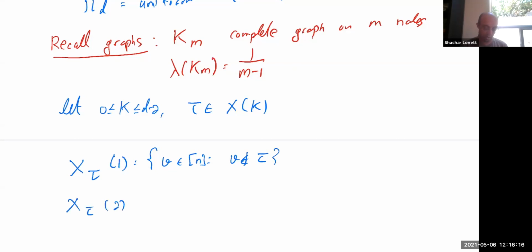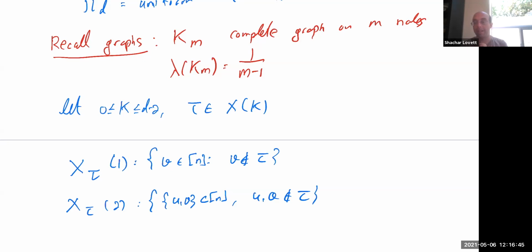And the second level is going to be all these pairs uv in n, where u and v are not in tau. Right? Because this is how we define links. Our complex contains all the possible sets. So level 1 is going to be: take all sets of size k plus 1 containing tau, and remove tau from them. So just all the elements that are not in tau, and similarly for edges.